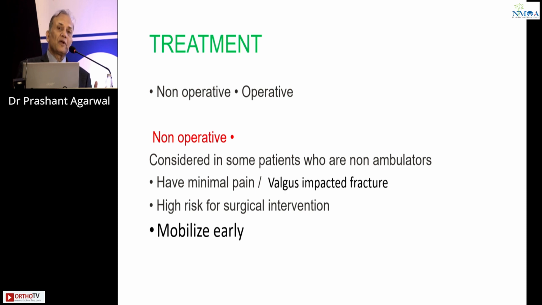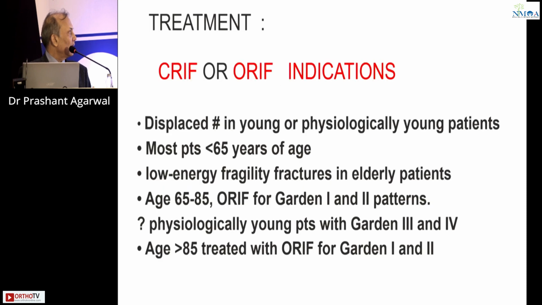Now non-operative treatment also has a role, because if your fracture is undisplaced and the patient just has pain, then we can keep these patients non-weight bearing and we can get union at the fracture site, provided we treat the associated osteoporosis or osteopenia with medical treatment. That will definitely help us in getting a good result.